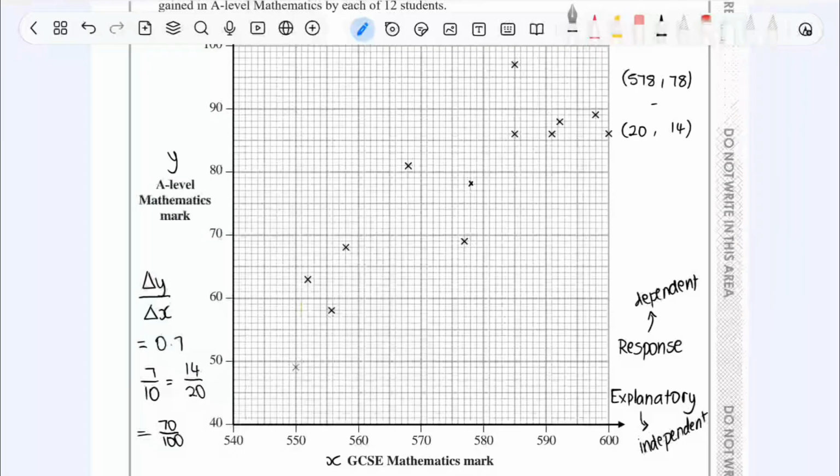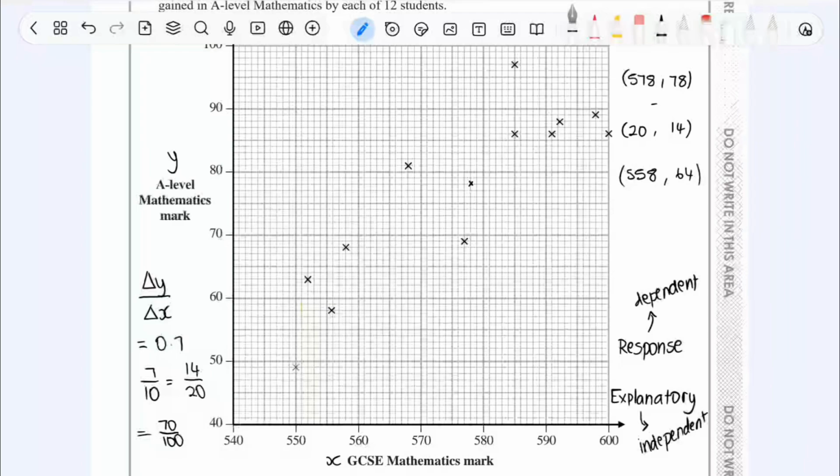This is some unorthodox method, but you can see that if you subtract the coordinates from each other, and please don't use this as an official method, and to be fair, this isn't a method mark, this is just how you're going to work it out. You can see that we get 558 and 64.